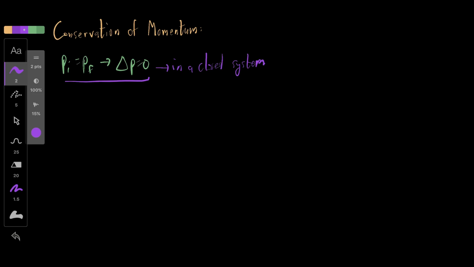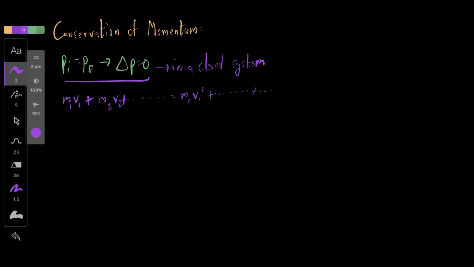Well, momentum is mass times velocity. So, m1v1 plus m2v2 and so on is equal to m1v1 prime and so on and so on.